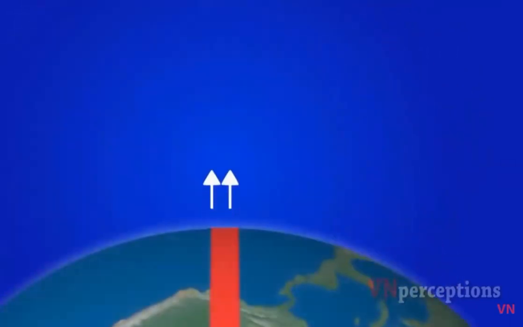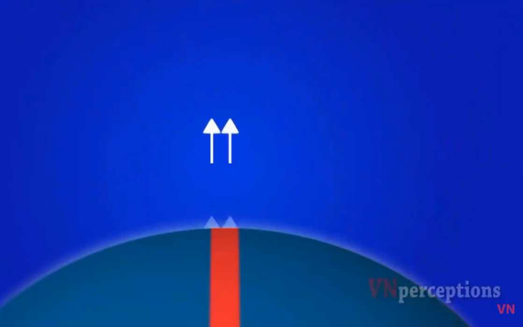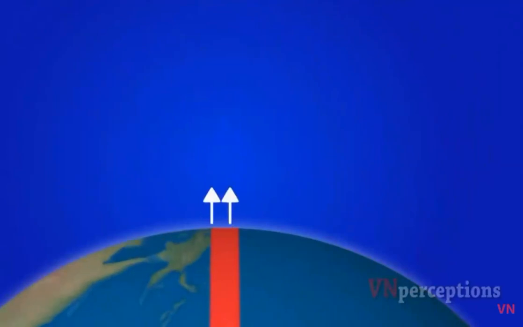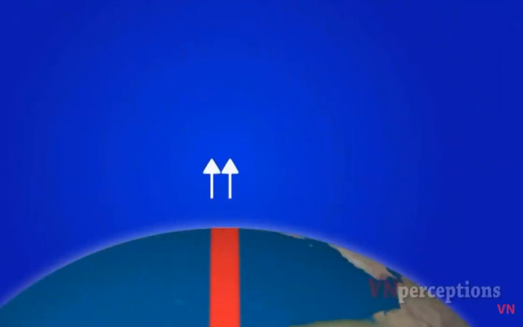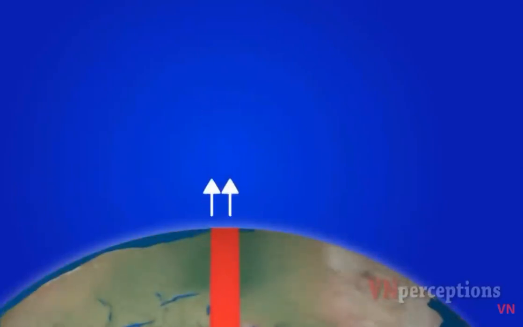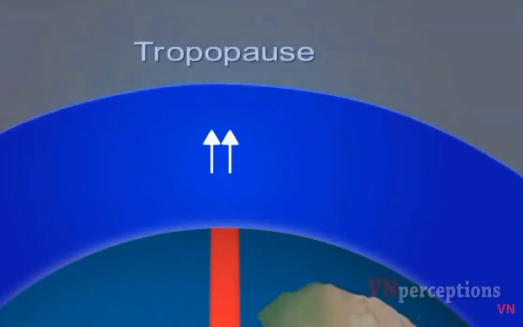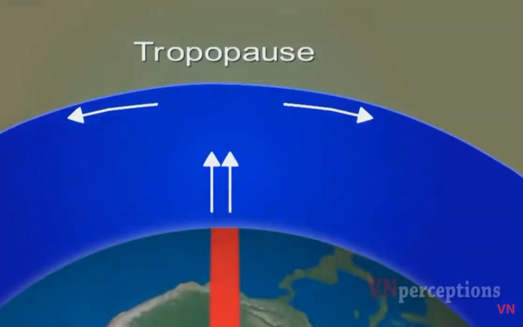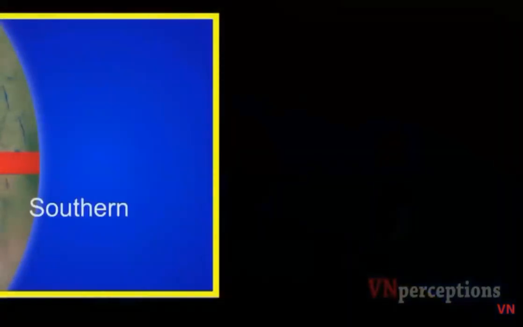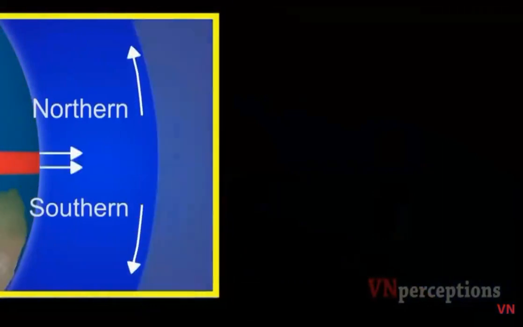The warm air starts rising up into the troposphere, and as warm air rises, the temperature drops. After rising up to a certain point, it stops rising because it becomes cooler and is obstructed by the tropopause. So, the air spreads out and starts moving in the southern and northern directions.